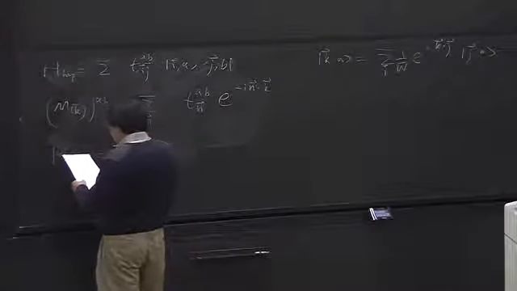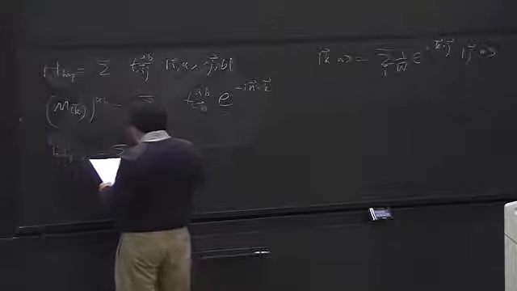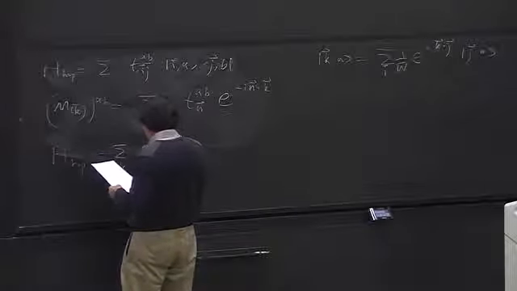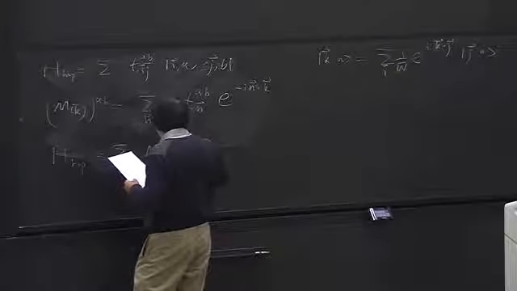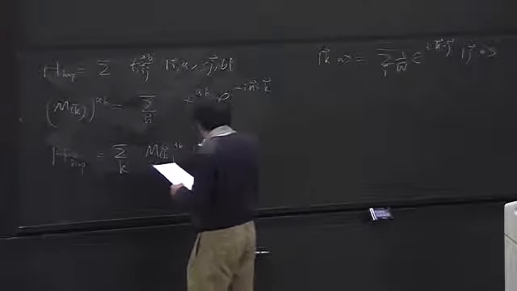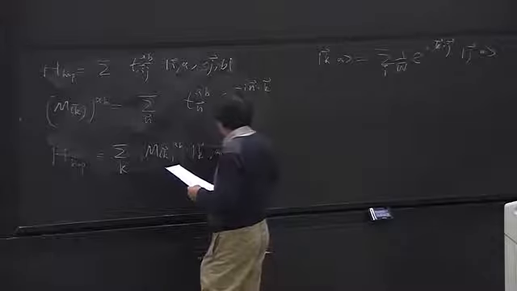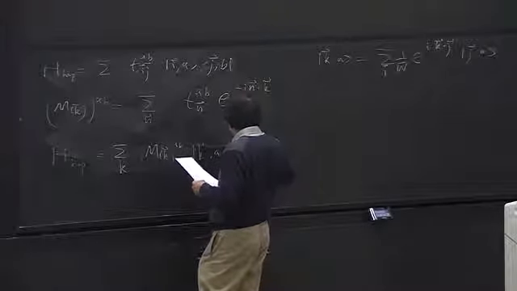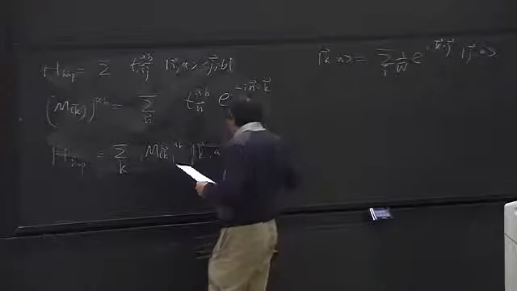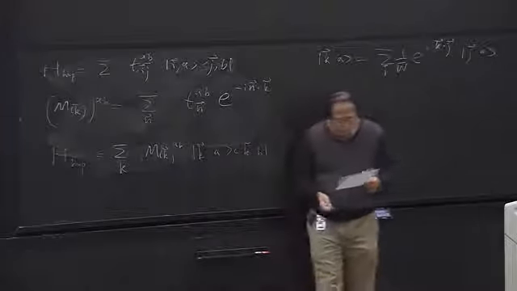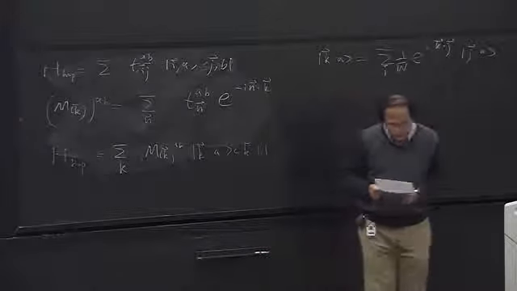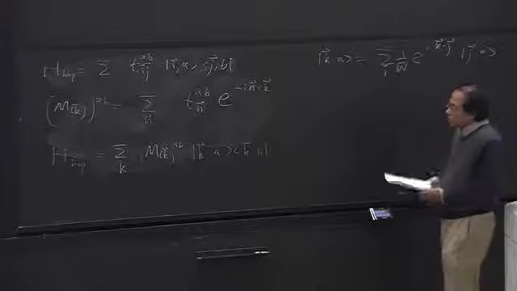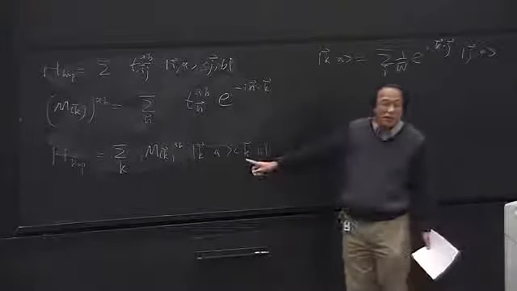It becomes a sum over k of this M_k^AB. Okay, so in the k basis, it's almost like a hopping Hamiltonian.